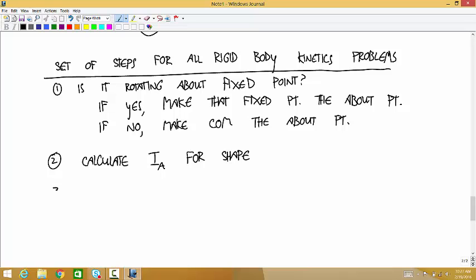The third step is free body diagram. And the fourth step is the pancake table.